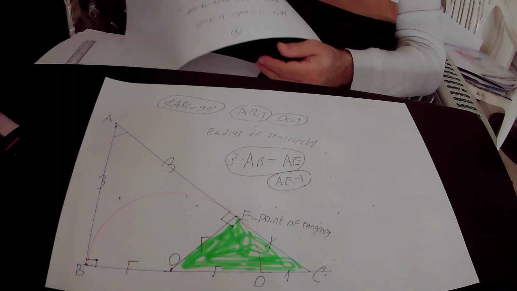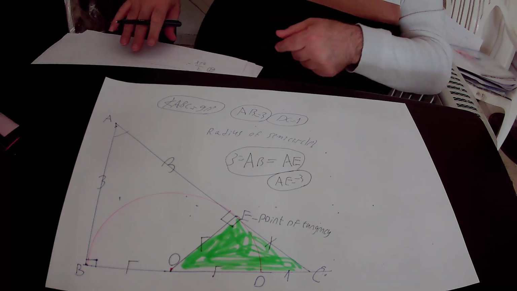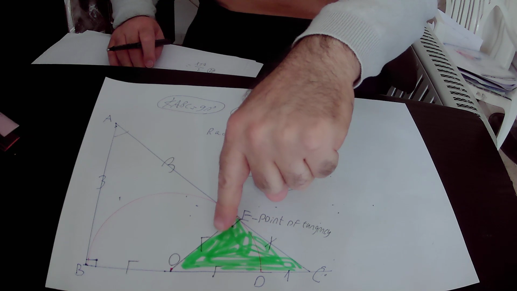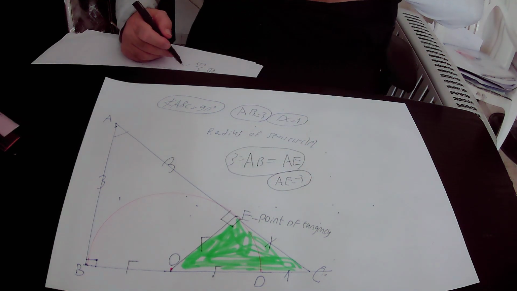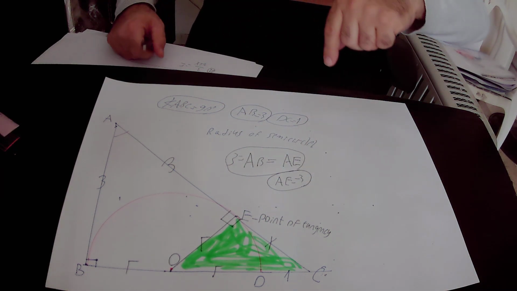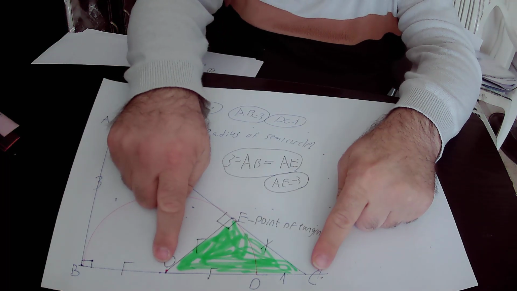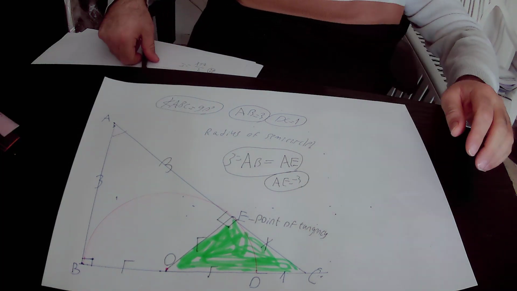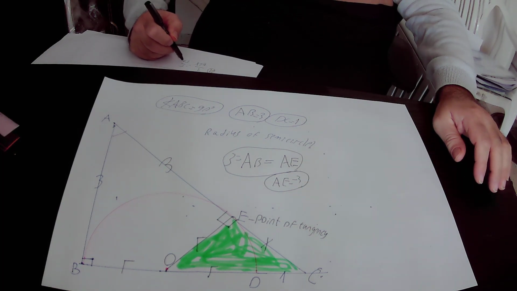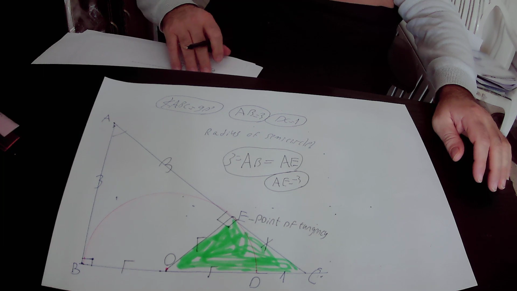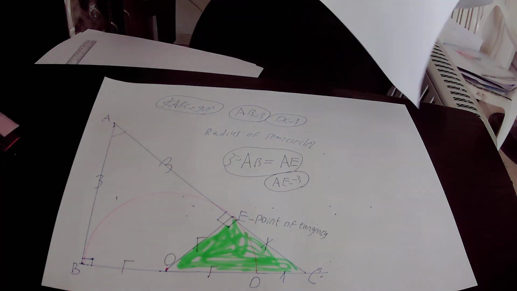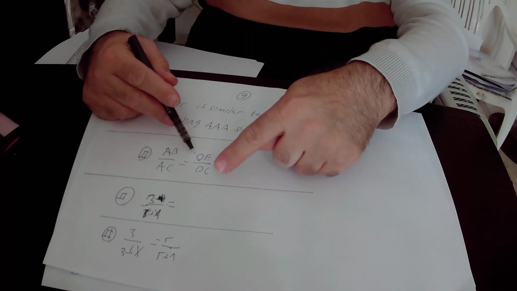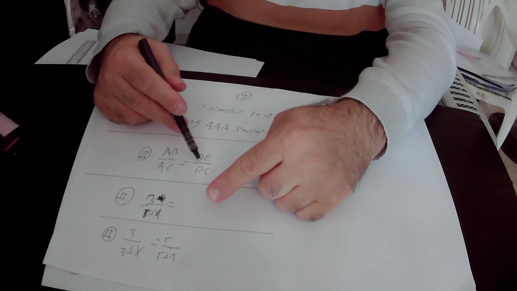And what is the value of OE? The value of OE is equal to R. It is the radius of this red semicircle. And what is the value of OC? OC equals R plus 1, as you can see from the drawing. So we found out that AB equals 3, OE equals R, and OC equals R plus 1.